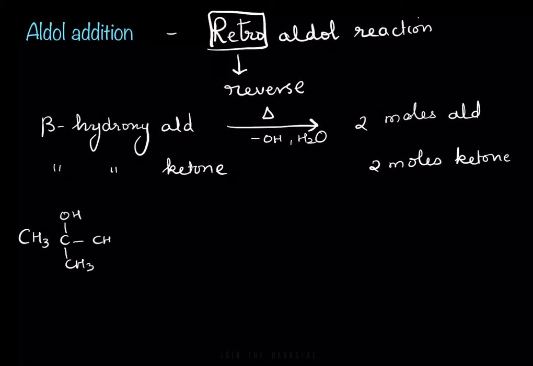So here is our beta hydroxy ketone. As you can see, there are no hydrogens on the carbon where the oxygen is attached.